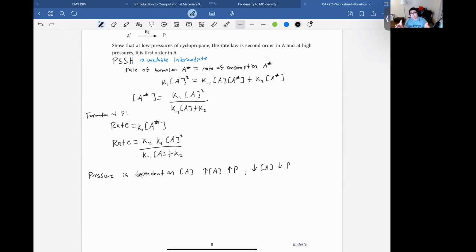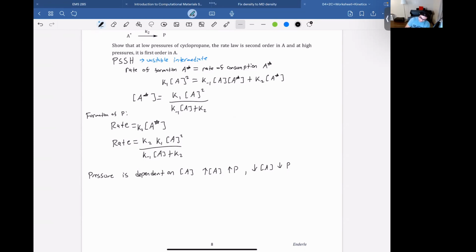In this case, we have addition in the denominator. So if one term is a lot bigger than the other, then adding the small term is basically not going to change it. If you add 1 times 10 to the negative 10th to 10, it's not actually 10, but it's basically 10.